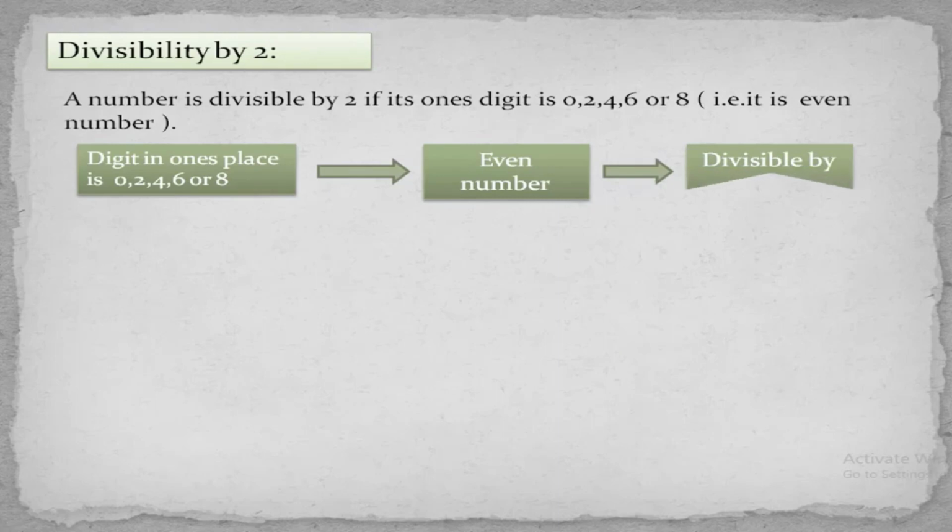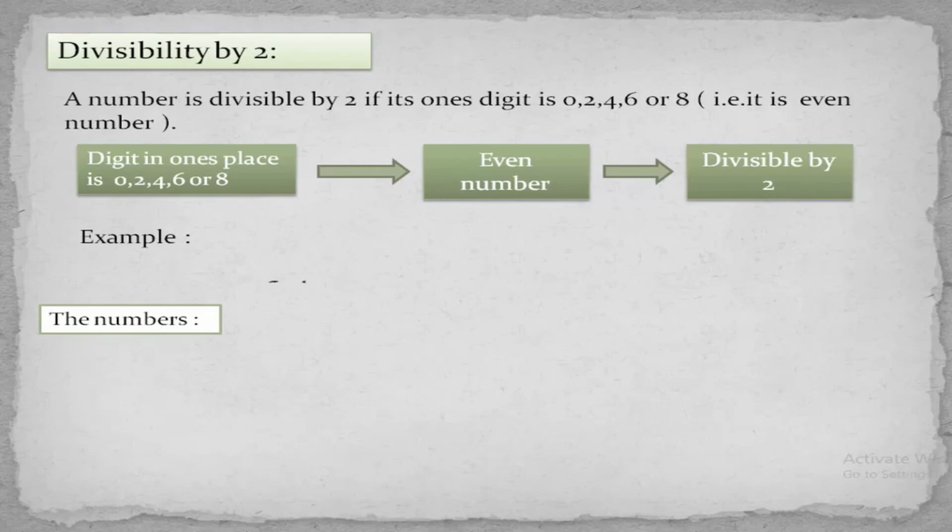Let's have an example. The numbers 214, 156, 752, 390, and 508 are all divisible by 2. Since if we look at 214, the ones digit is 4, so it's an even number.